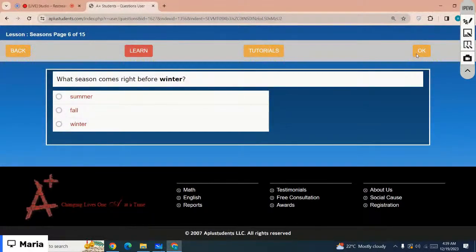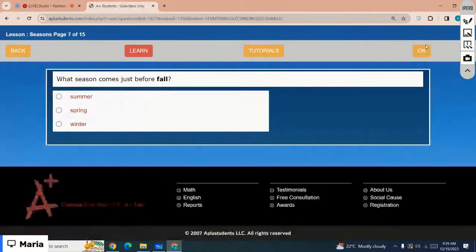Which is the correct option? Before winter, it is fall. The correct option is fall, right?